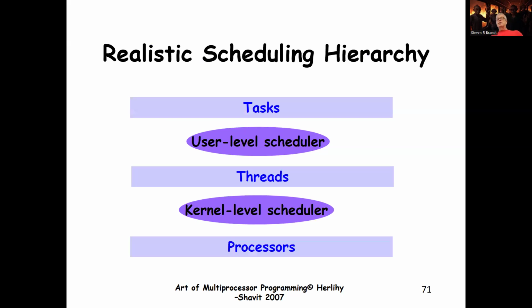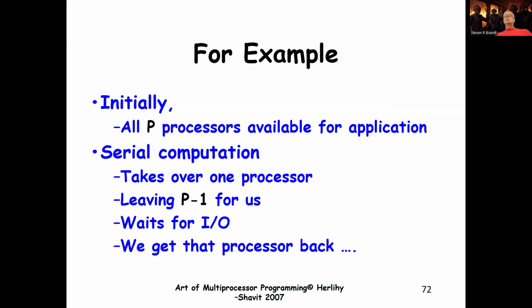In the thread pool, we want to match the number of threads to the number of hardware processors that we have, so that they remain fixed to those cores, and we don't have things scheduling in and out all the time if we don't have to. Initially, we will have all P processors available for an application.